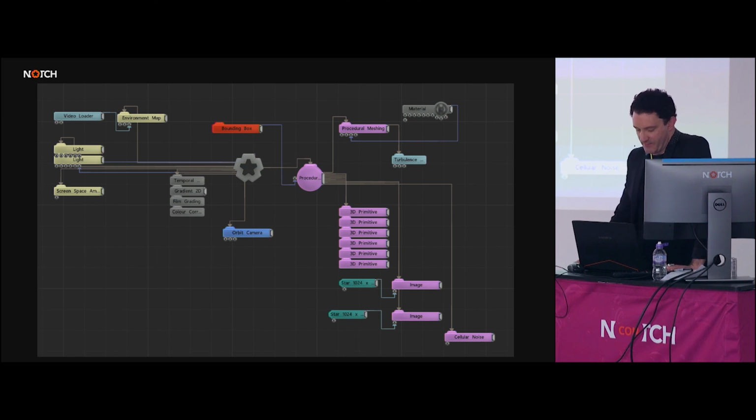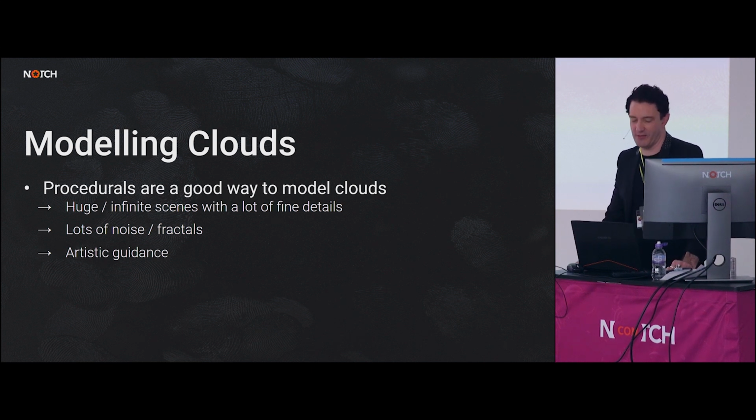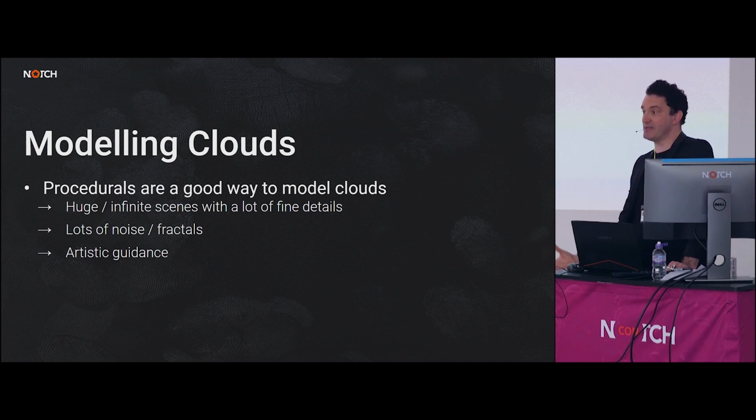So now the next thing, I want to get on to a slightly more involved example of how you use procedurals to model clouds. Clouds are one of the worst things to do in computer graphics that you can possibly do. They're horrendous. They combine the three most horrible things about graphics. Because clouds need to be really massive, like infinite.